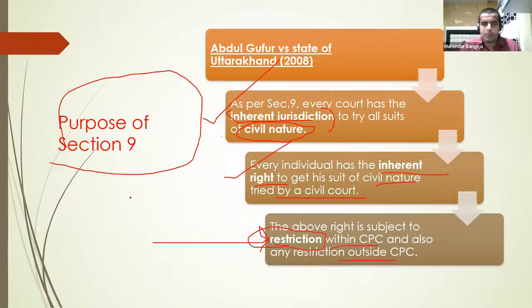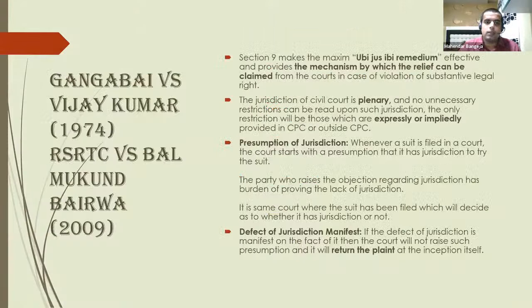The said purpose was elaborated in Gangabai versus Vijay Kumar, wherein it was said that Section 9 makes the maxim ubi jus ibi remedium, which is where there is right, there is a remedy, effective. And it provides for a mechanism to claim a relief. And it was also said that the jurisdiction of civil court is plenary.